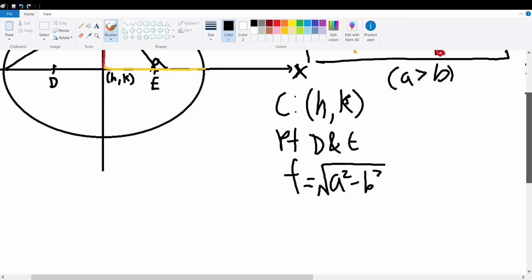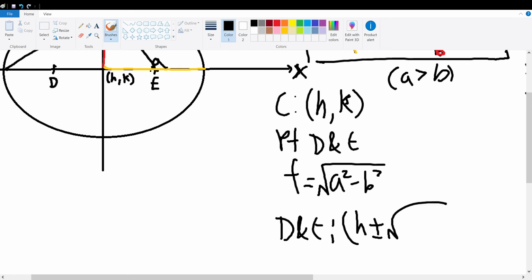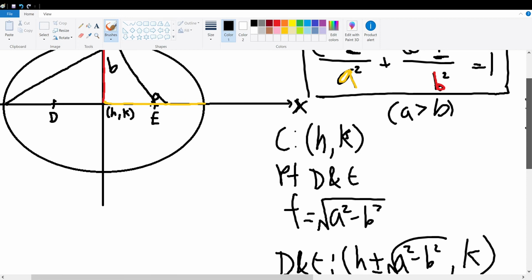Now that we have our focal distance, we can find the focal points, which points D and E will be respectively (h plus or minus the square root of a squared minus b squared, k), where (h plus the square root of a squared minus b squared, k) is point E, and point D is (h minus the square root of a squared minus b squared, k), as we can know because if we add the square root of a squared minus b squared, we'll be going in the right direction, which will reach point E right here.